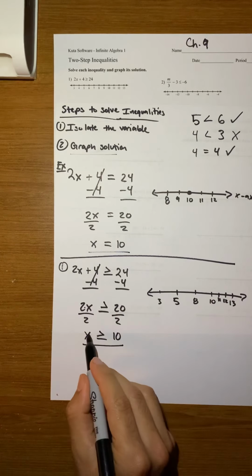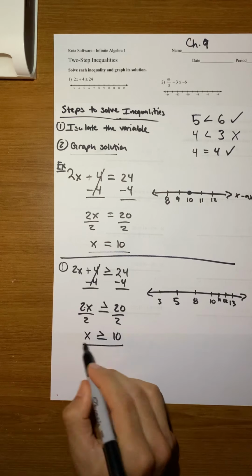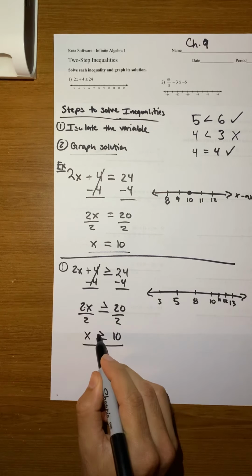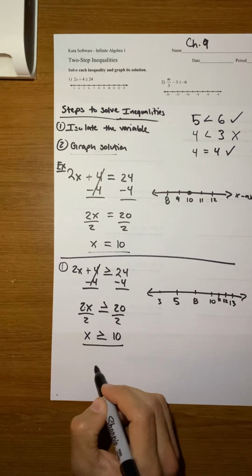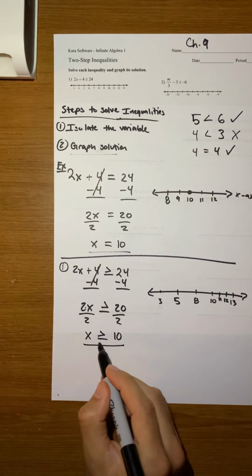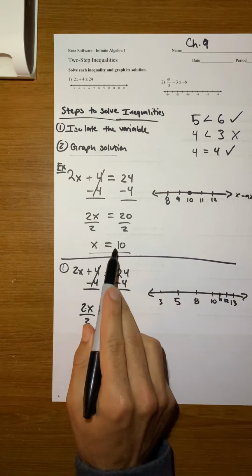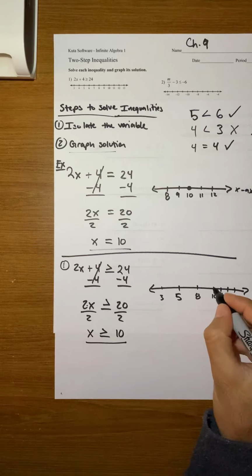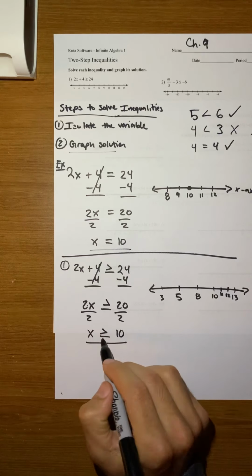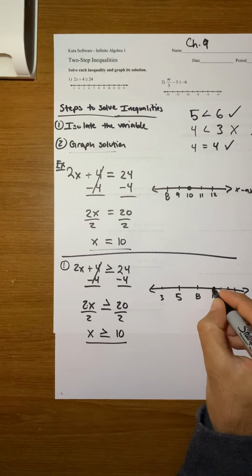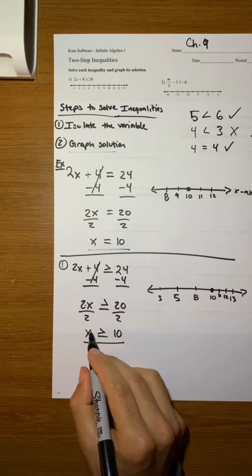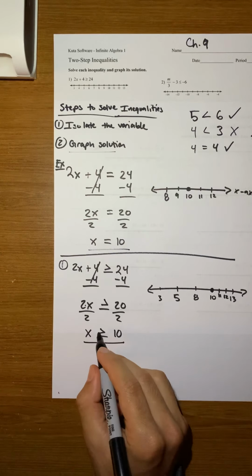Basically, it's which numbers are greater than or equal to 10. Well, what number is equal to 10? Up here, we had x equals 10. Well, what number is equal to 10? 10 is. So we're going to put a point right there. Well, what numbers are also greater than 10?